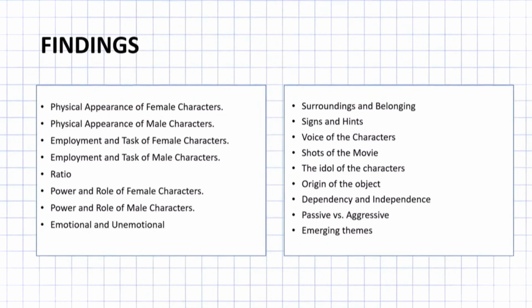The emotional and unemotional attachments between things and between their friends or colleagues were identified, and male characters were identified as unemotional, and female characters were identified as emotional characters.